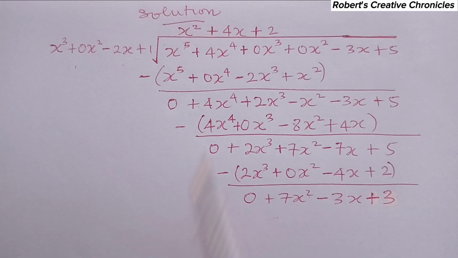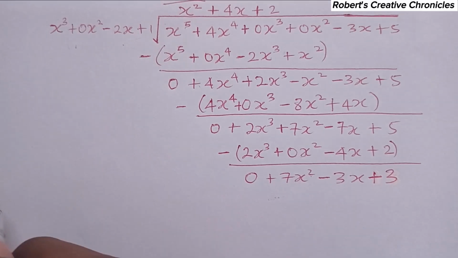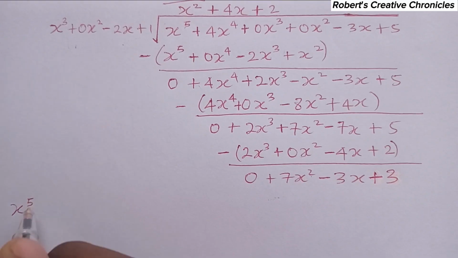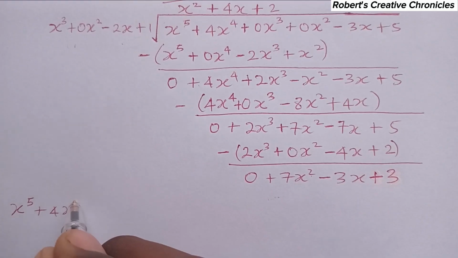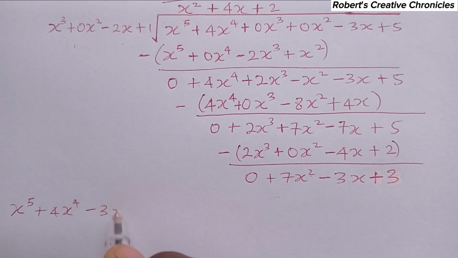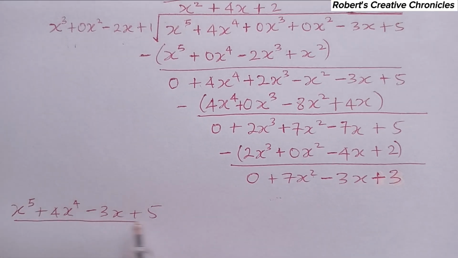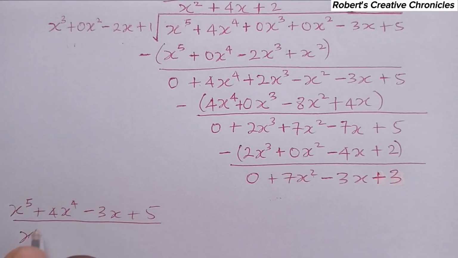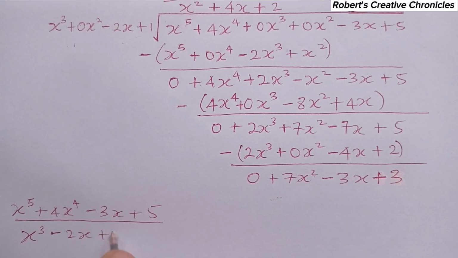So we can express this: x to the power of 5 plus 4x to the power of 4 minus 3x plus 5, divided by x cubed minus 2x plus 1.